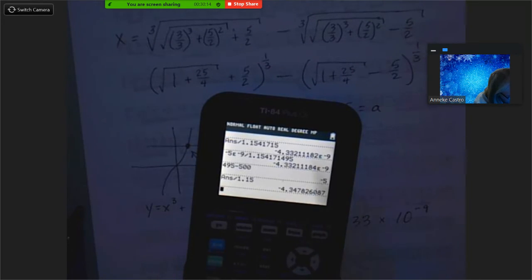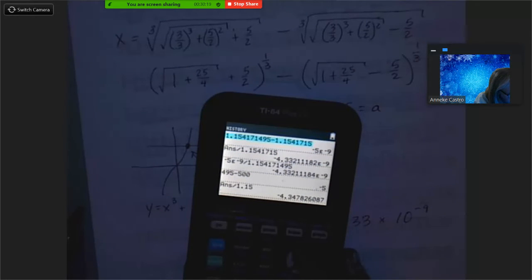So I took the difference. Let's go back to that. So I subtracted the two values, one from the formula and one from my graphing calculator. And I got -5 times 10 to the -9th. I don't have to worry about the negative because I'm going to take the absolute value of it.